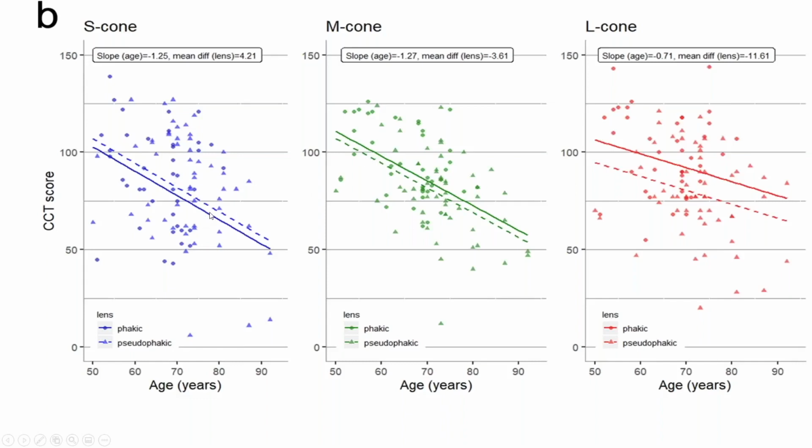But there wasn't really a statistically significant difference between the colors other than really this red cone having a difference between the phakic and pseudophakic patients. So this is not something that we can draw conclusions from, but it can inspire us to do further investigations to try to better understand how color vision changes after cataract surgery and how it changes with age.